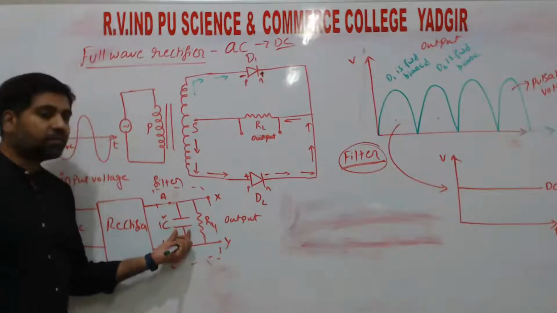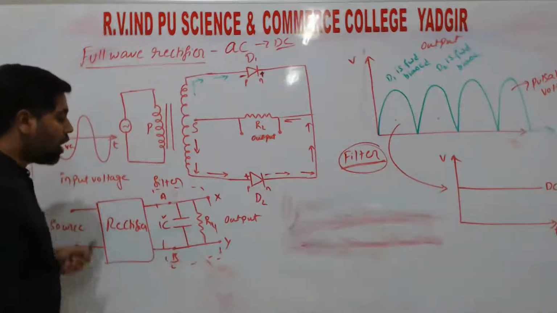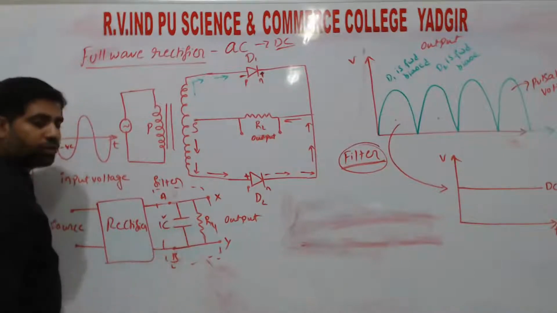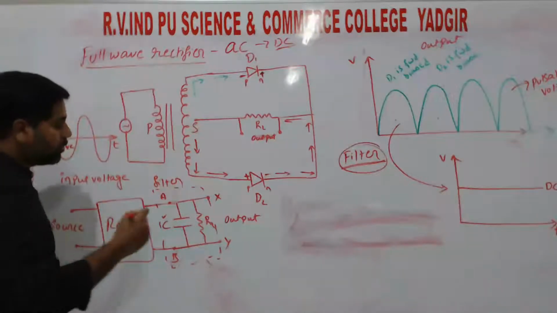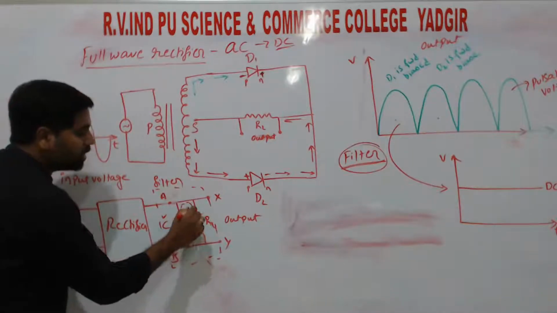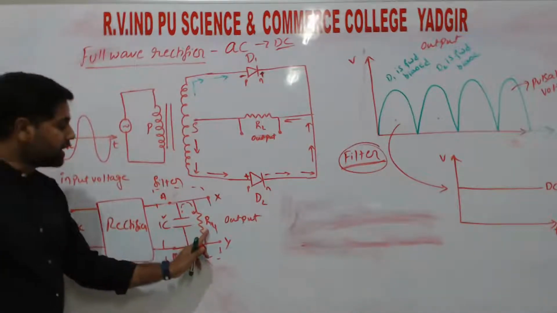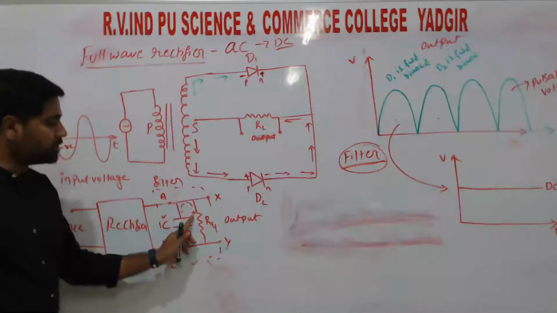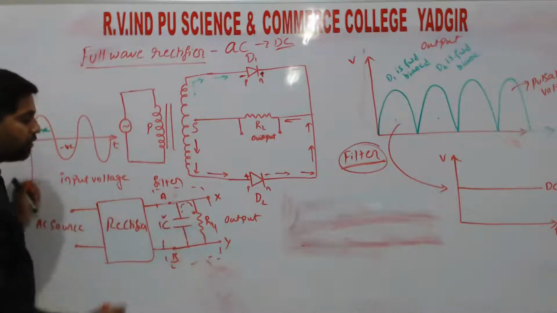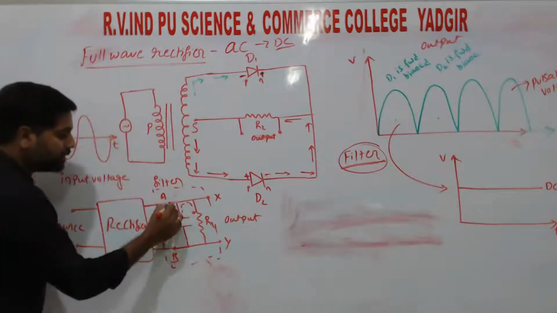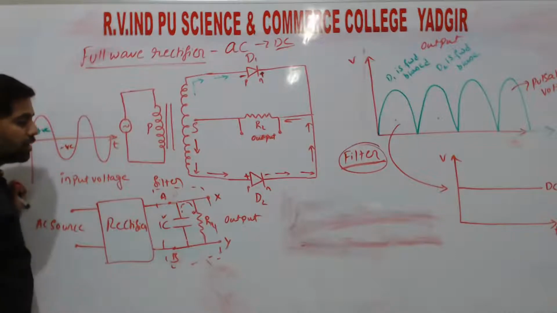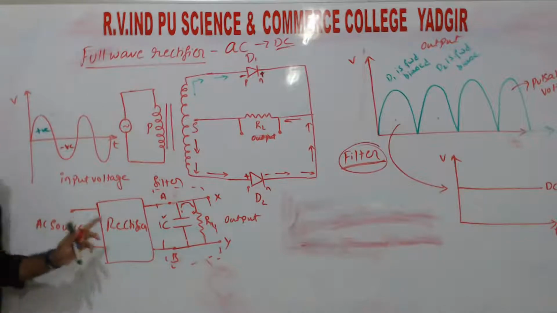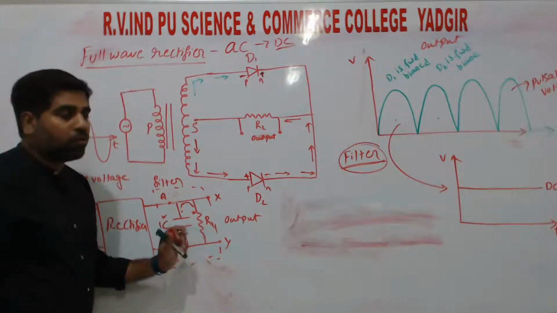After it is fully charged, this capacitor will lose its charges during the negative half cycle, flowing from the capacitor to the load resistance. It loses its charges during the negative half cycle, and again when the positive voltage comes, the capacitor gets charged again, right? So during the negative half cycle again it loses its charges to the load resistance, that means it has to maintain the constant voltage, right?